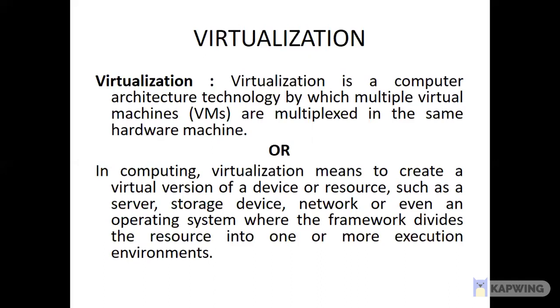In computing, virtualization means to create a virtual version of a device or resource, such as a server, storage device, network, or even an operating system, where the framework divides the resource into one or more execution environments. So more than one environment will be created from the single host machine in virtualization.